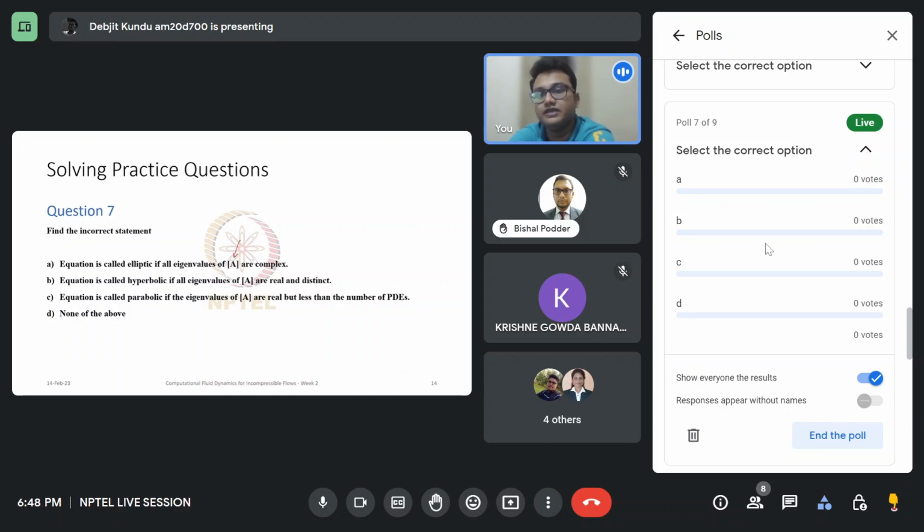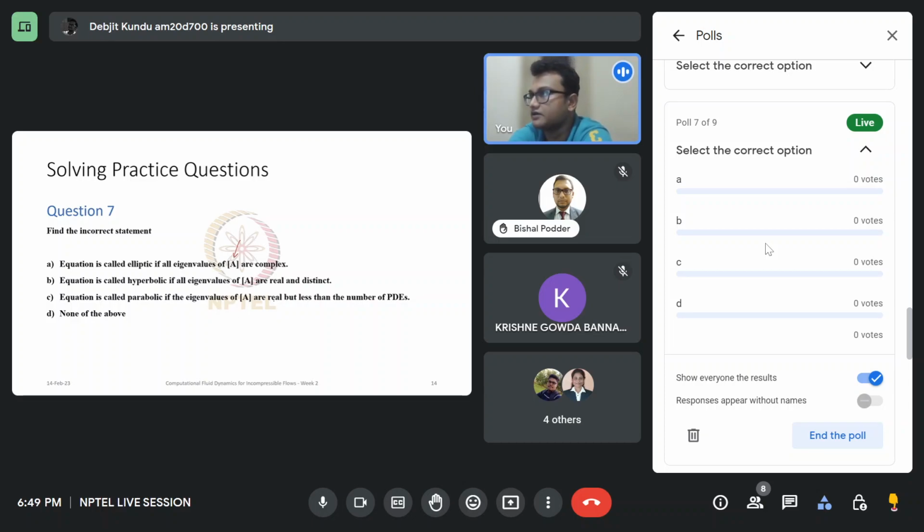Option B: the equation is called hyperbolic if all eigenvalues of A are real and distinct. Option C: the equation is called parabolic if the eigenvalues of matrix A are real but their number is less than the number of PDEs.